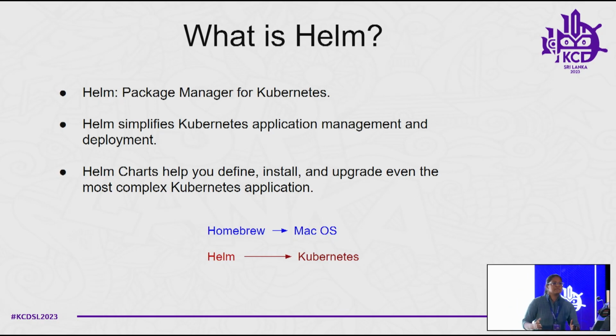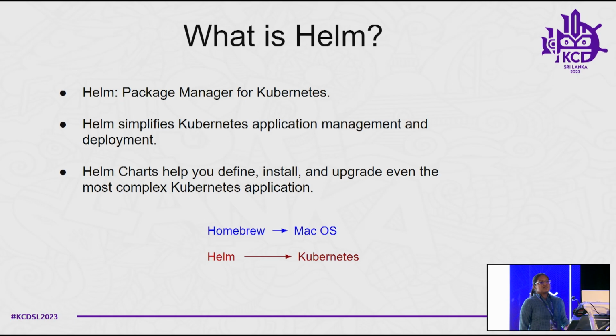So what is Helm? Helm is a package manager for Kubernetes. If I explain the idea of a package manager, with package managers, we can simplify the installation and management of software packages. If you have used Python, you have this package manager called pip, where you can install a lot of Python packages.